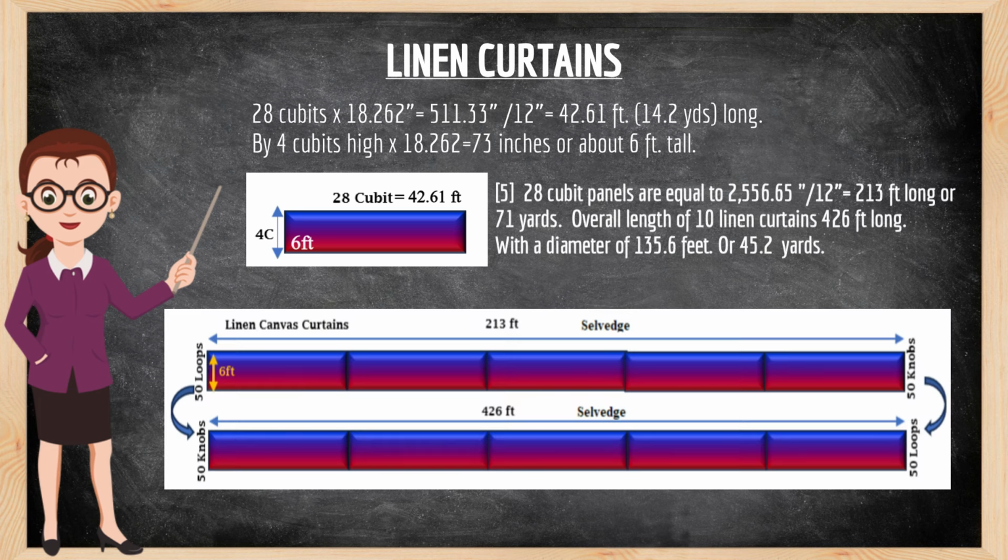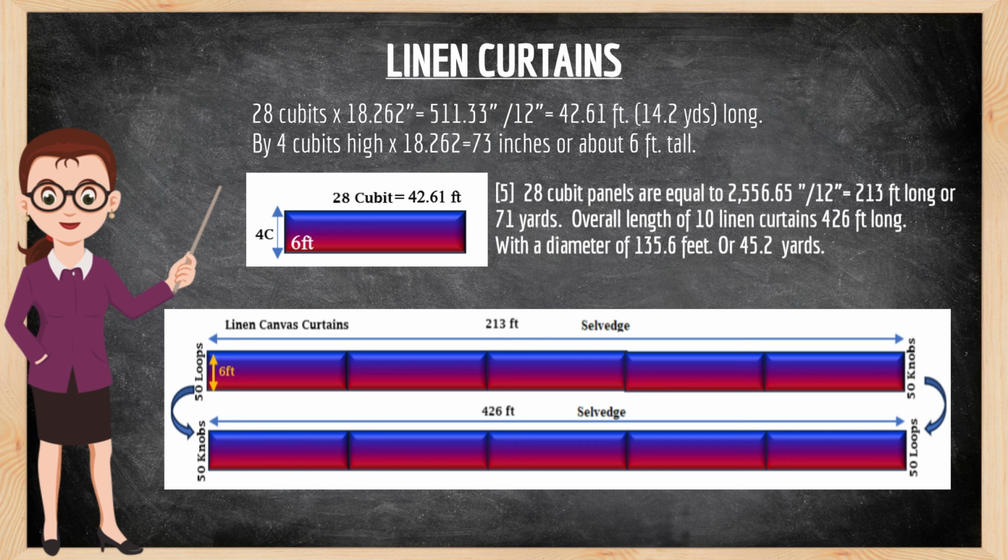Therefore, one combined side of 5 28-cubit panels are equal to 2,556.65 inches, or 213 feet, which is 71 yards, making the overall length of the 10 curtains, when connected together, 426 feet long.